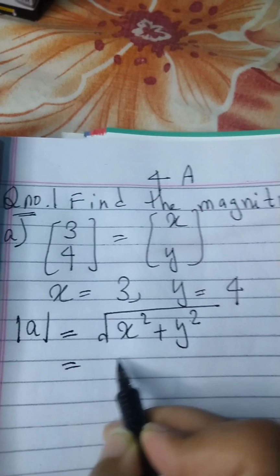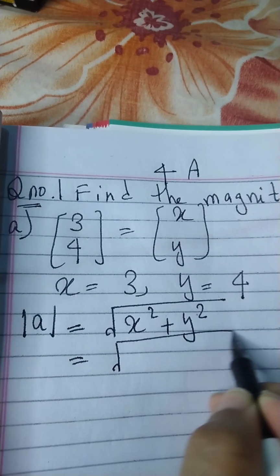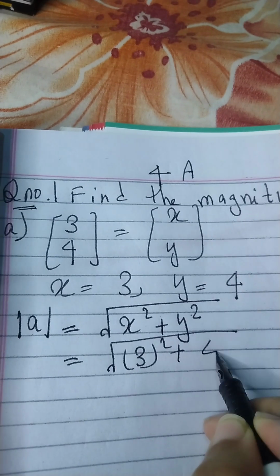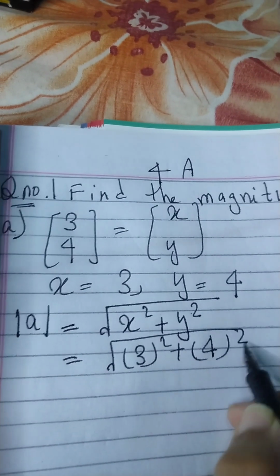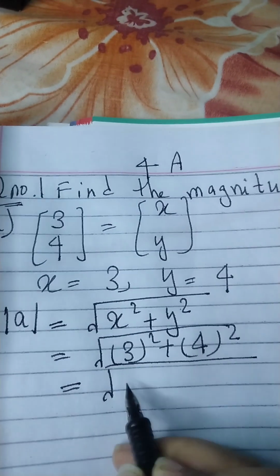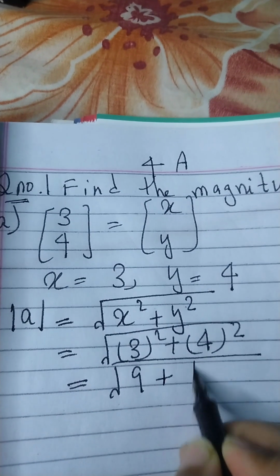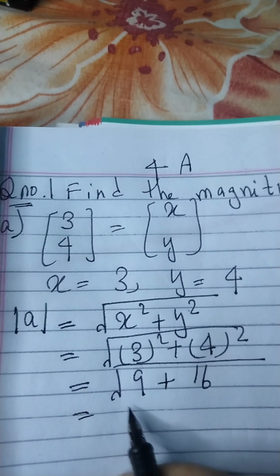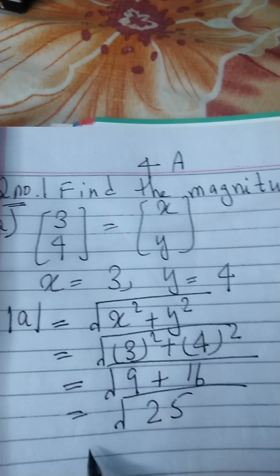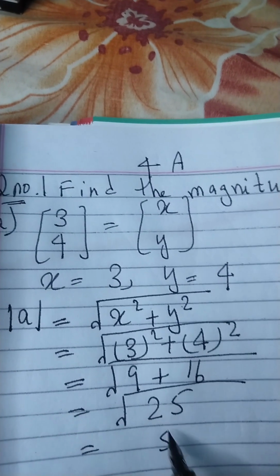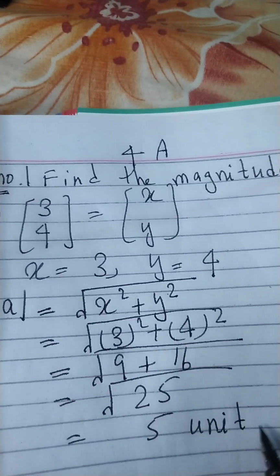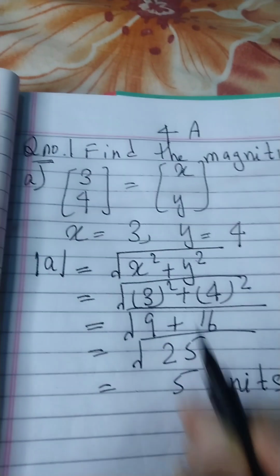By putting the value, we have 3 square plus 4 square, which is equal to under root 9 plus 16, which is equal to under root 25, and root 25 is equal to 5. So the magnitude of the vector A is 5 units. This is the answer of the first vector.